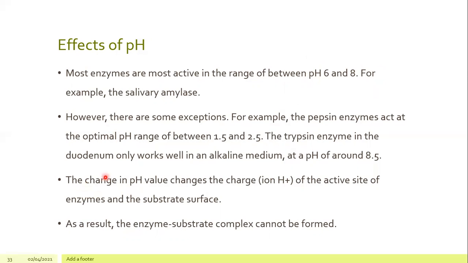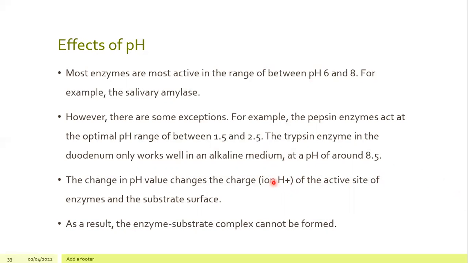So why is there a change of enzyme activity when there is a change in pH value? This is because a change in pH value is going to change the charge, the H plus ions. You know that the more H plus we have, the more acidic the medium is going to be. So the change in pH is going to change the amount of H plus ions at the active site.